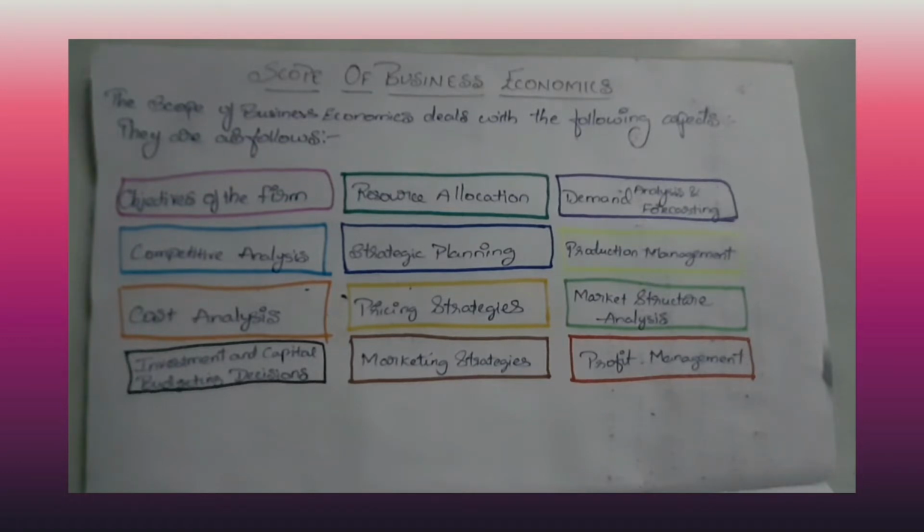And why is it helping us? Its aim is to achieve high output with limited resources. Now, what are these limited resources? Anything which is very scarce and very useful.